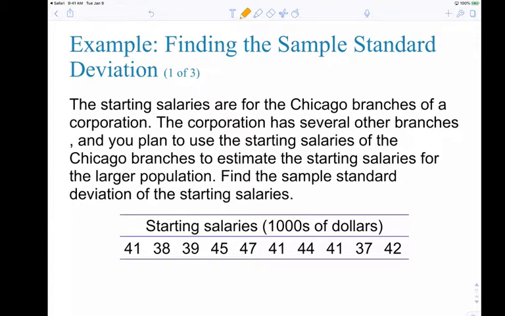All you would do, you would list the data, calculate the average, find a deviation for each entry, so x minus the average, square each of those results, and add up those squares. Since we're trying to find a sample variance, we divide by n minus 1. That'll be the sample variance. And then we square root that result, and that'll be the sample standard deviation.